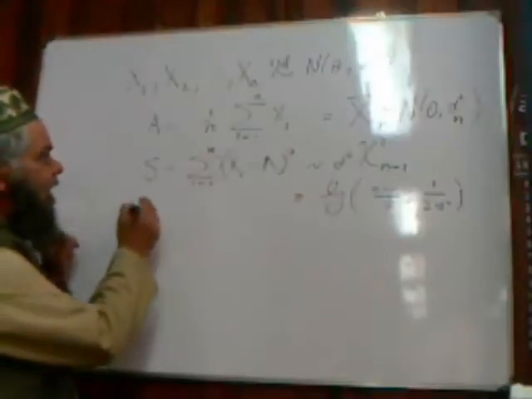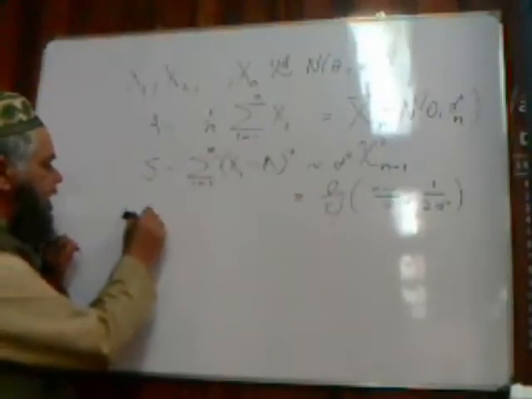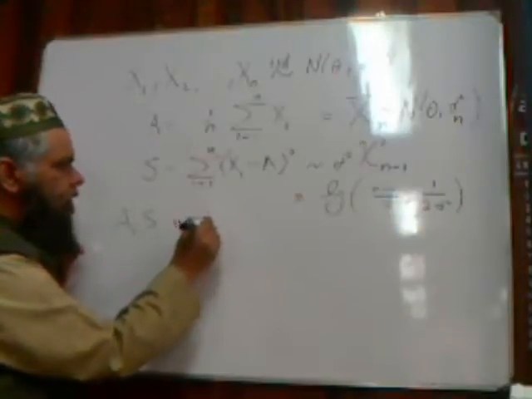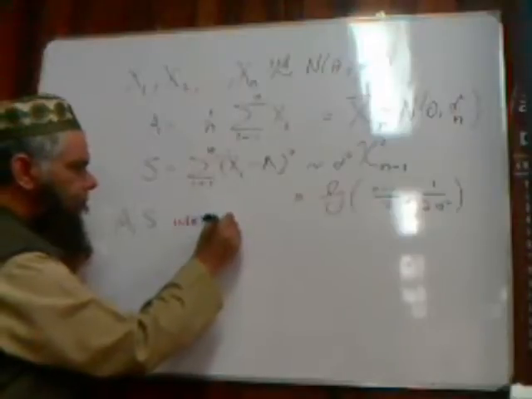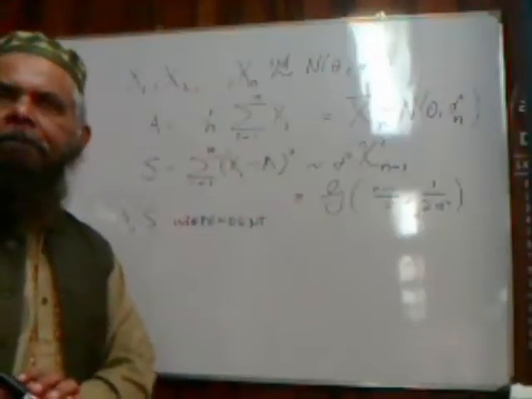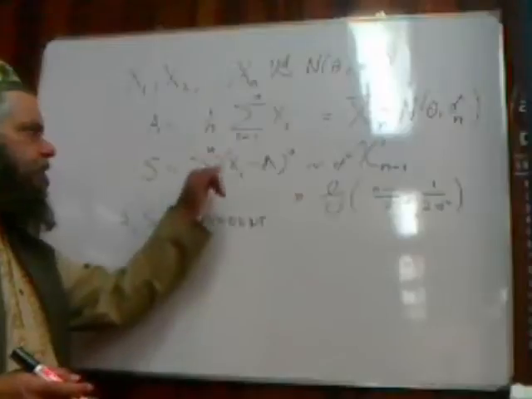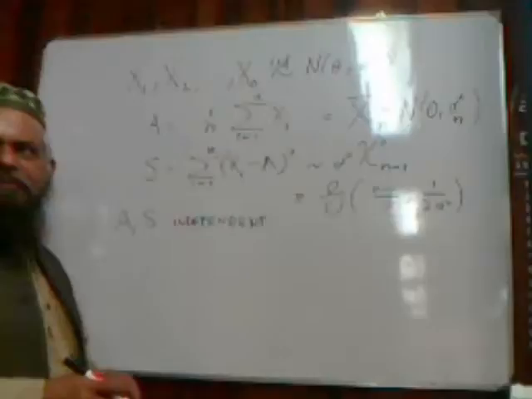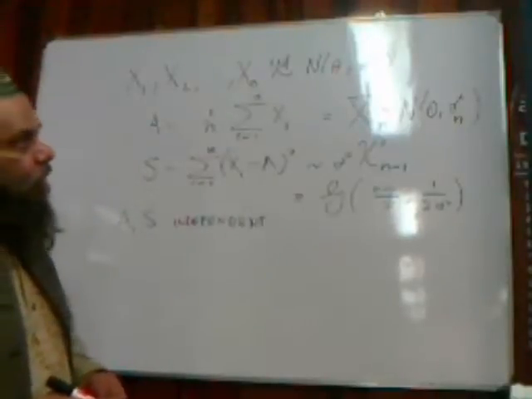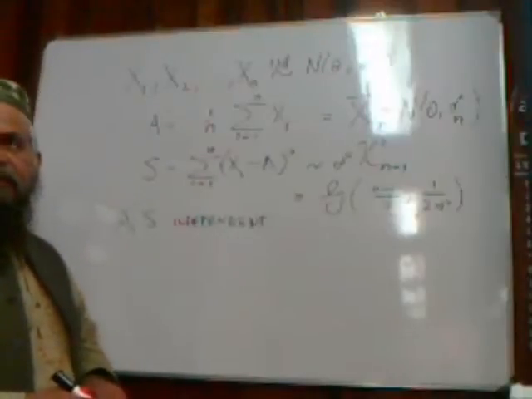Now, one very important thing is that A and S are independent. It's very surprising, but true. The deviations from the mean are independent of the mean. There is a proof, but it's more complicated than I can explain right now. Maybe we will get to it when we look at the multivariate calculations of these things, then it's easier to see.